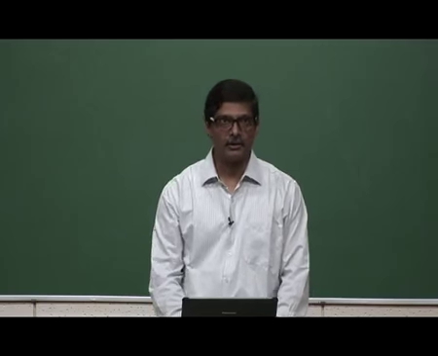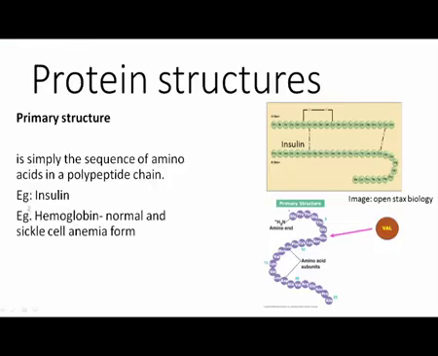If you look at the primary structure, which is shown right here, primary structure is nothing but the simple sequence of amino acids in a polypeptide chain. So, as I have been telling you, the polypeptide chain goes from one end to the other with a bead on string kind of appearance, and the amino acids are like glycine, proline, threonine, glycine, and so on.